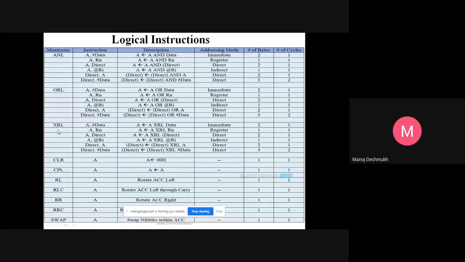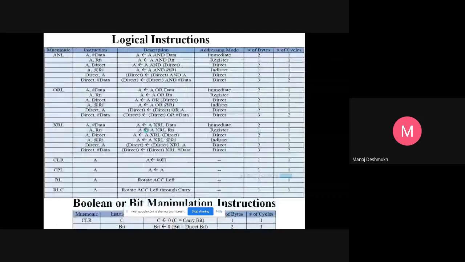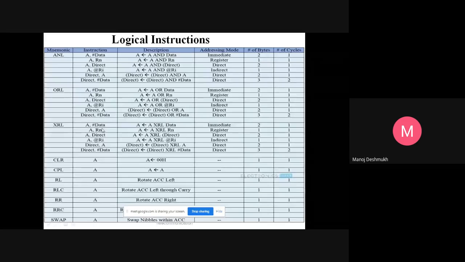Similar to that, again XOR. Okay, XOR. So the same conditions are there for these three instructions, AND, OR and XOR. The operation is different, so whatever results are generated, they are different.